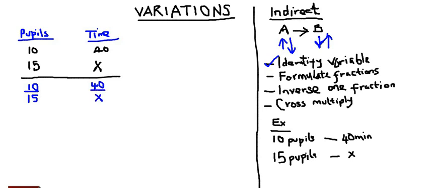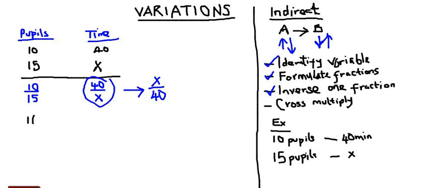Now, in the next step we are supposed to inverse one fraction. So if we inverse, for example, 40 over x, the inverse is going to be x over 40. So it is this inverse fraction that we are going to multiply with the other fraction.